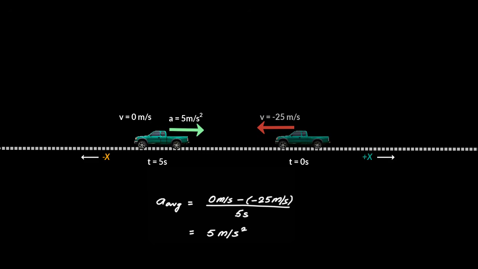So you see, even though acceleration is positive, the velocity has reduced from 25 meters per second to 0 meters per second. So positive acceleration does not necessarily mean that the velocity is increasing. Rather, positive acceleration means that the direction of acceleration is in the plus x direction.